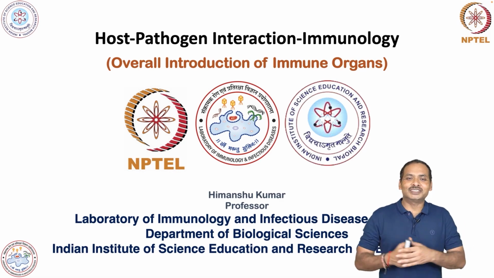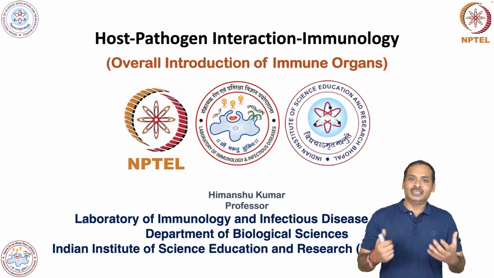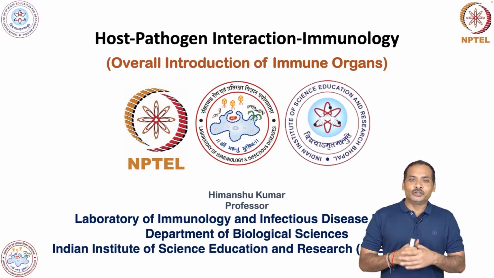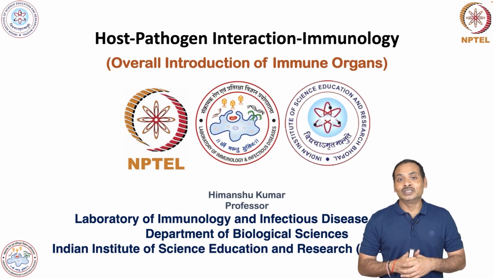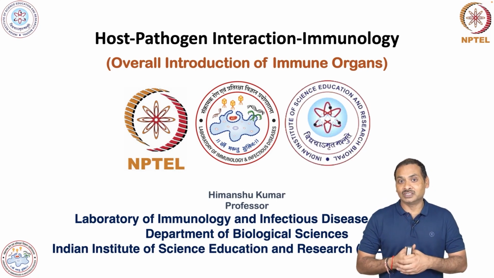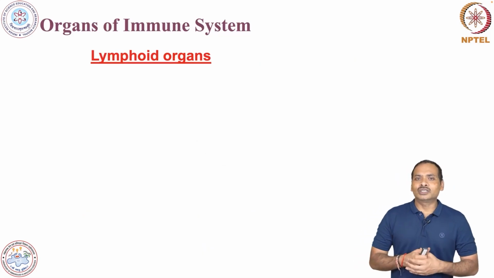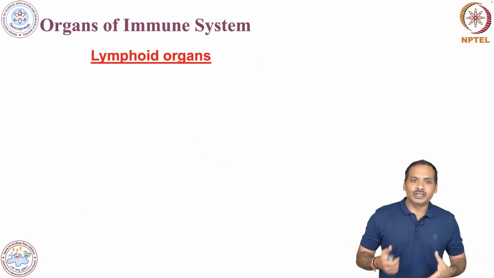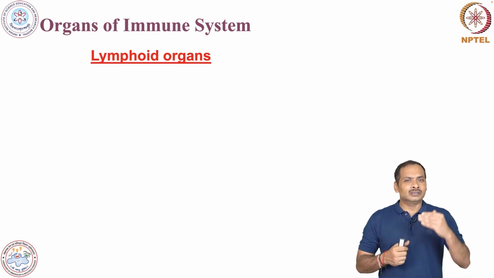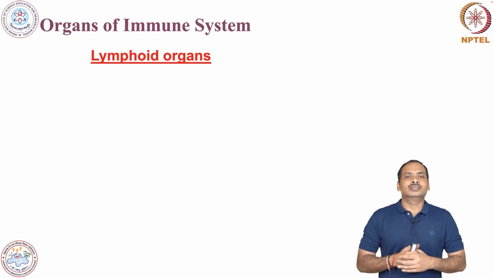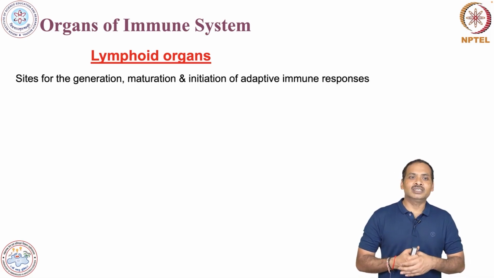Although most of our cells play an important role in defense against any microbial pathogen, there are some specialized organs which play a very important role in our defense system or immunity. Most of these organs we call lymphoid organs, and these lymphoid organs are mainly a site for the generation of immunocompetent immune cells.